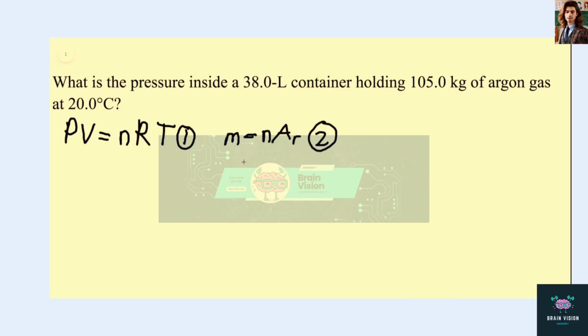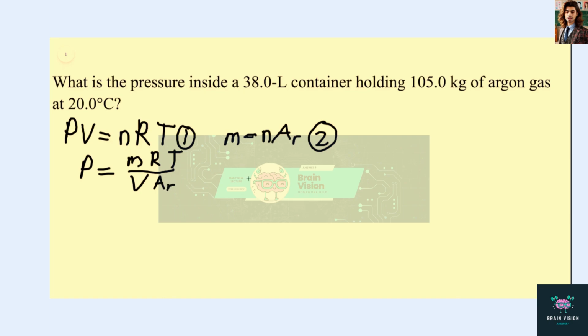So n equals M over A_r, and we substitute out n with M over A_r here. Doing that, we get pressure is equal to the mass, times the gas constant, times the temperature, divided by the volume, times the gas constant.